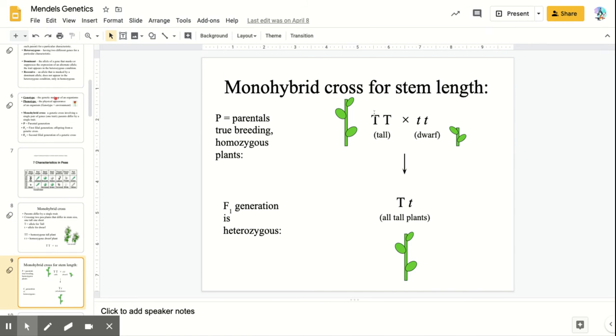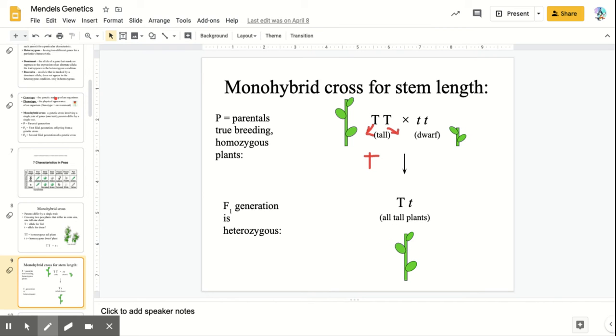In our true breeding, that means that they only have these genes. Our F1 generation: our parent generation, we cross big T by little t, and we only have big T and little t. That's because the only genes that this plant can give is a big T. When we split these genes, remember, when we make a sperm and an egg, the chromosomes will split.